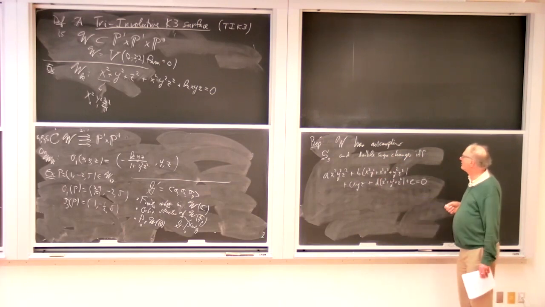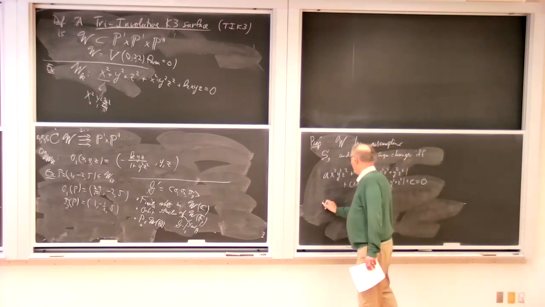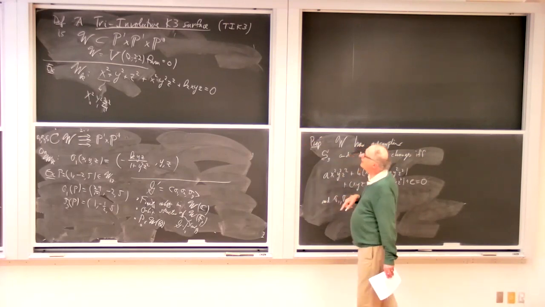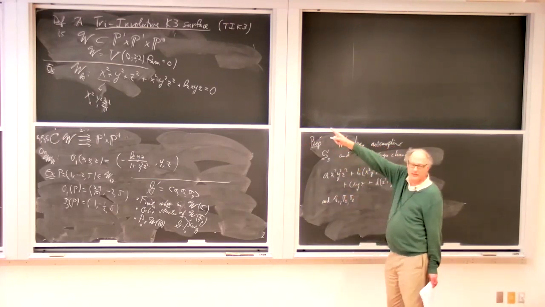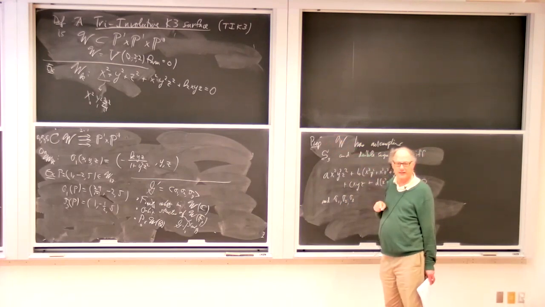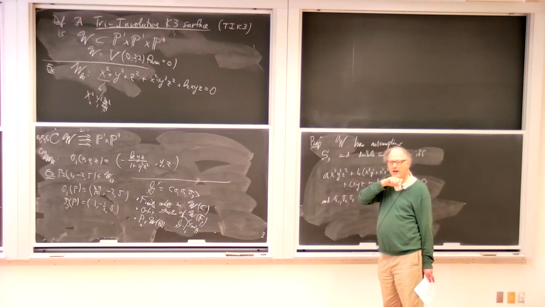Anyway, oh right, the other thing, and I also cheated a little bit up there. Even if the W is non-singular, it's possible that the involutions are not morphisms, they're only rational functions.